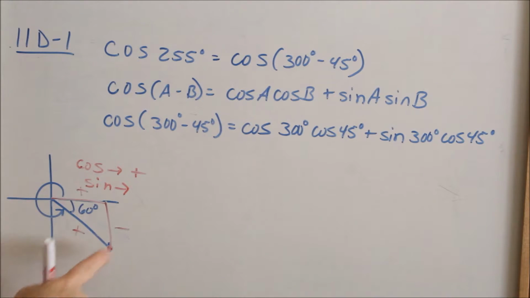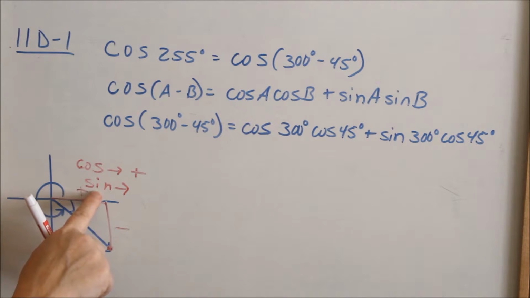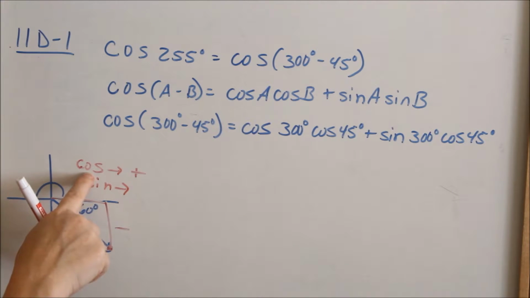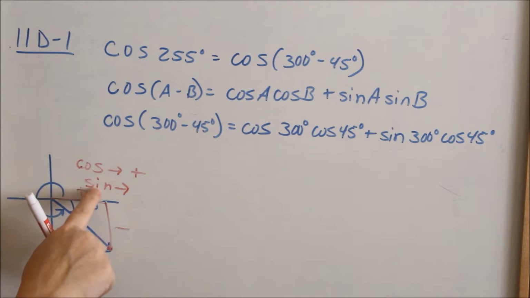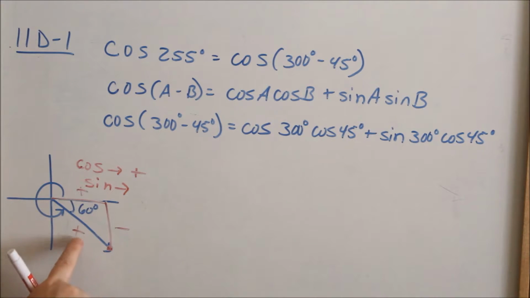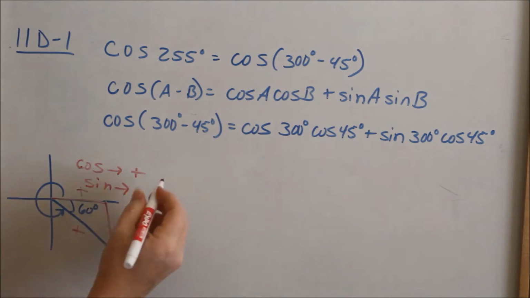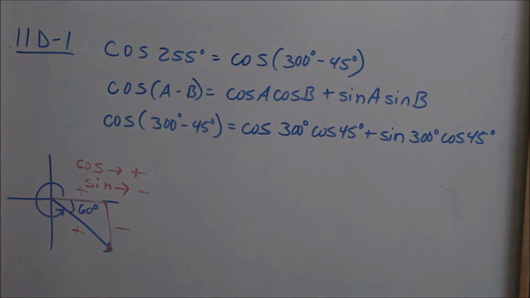Sine will be opposite over hypotenuse. If I'm standing here at 60 degrees, this is opposite of me. Sine always goes with opposite, cosine always goes with adjacent. So sine is opposite over hypotenuse, negative over positive. A negative divided by a positive is a negative.